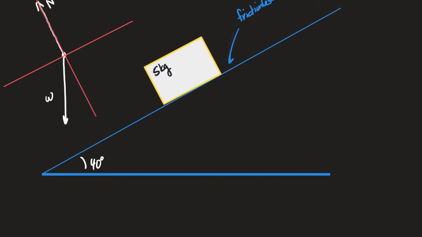Because if I do this, that puts my X direction in the likely direction of the acceleration of the system, which means that when I solve this problem, I can state that the net force in the Y direction is 0, and the net force in the X direction is equal to ma.